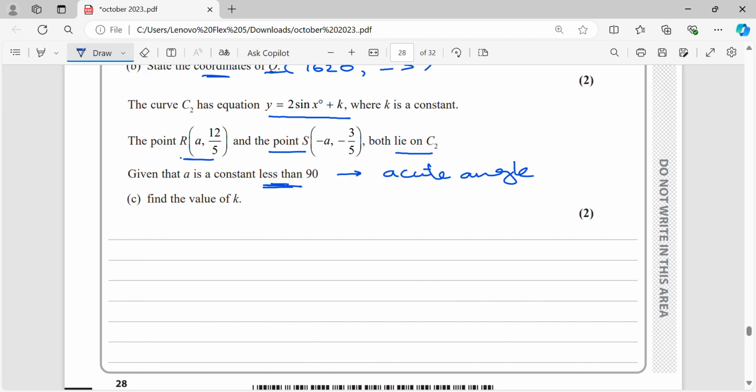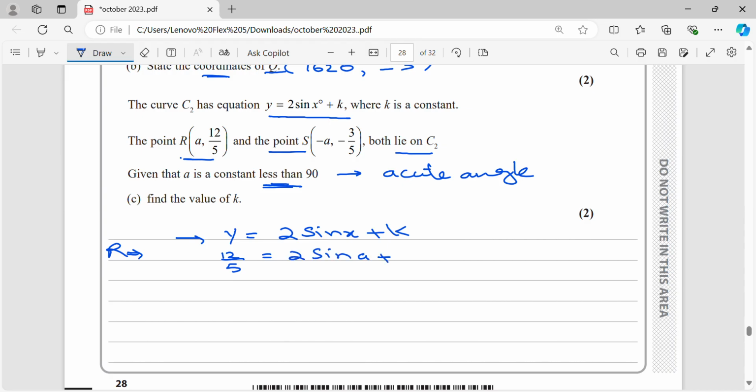To find the value of k, let's copy the equation from above. The points R and S both lie on C2, so let's substitute R first. y is 12/5 and 2 sin x is a.